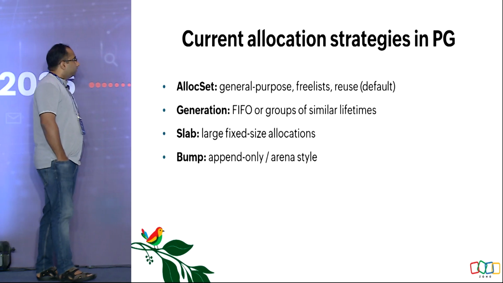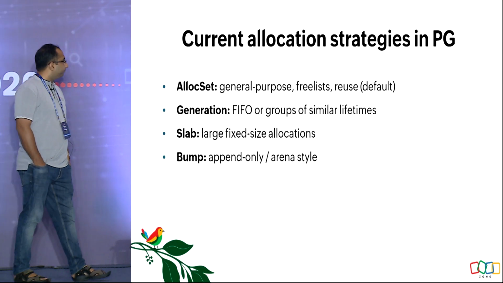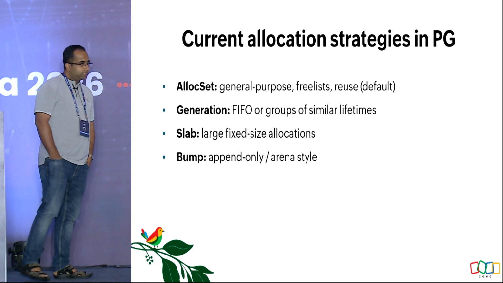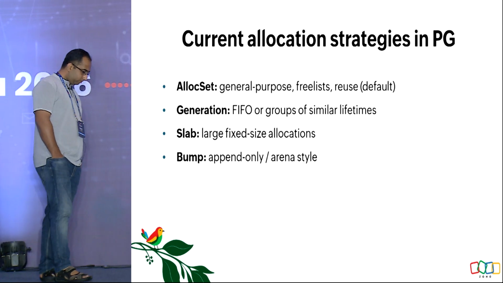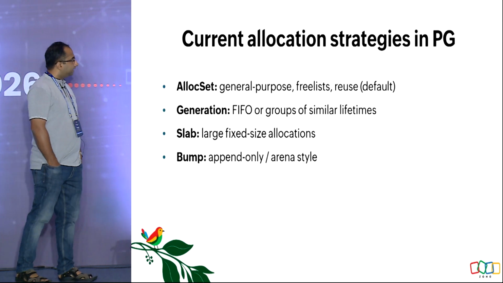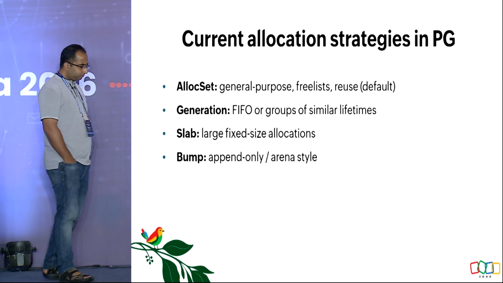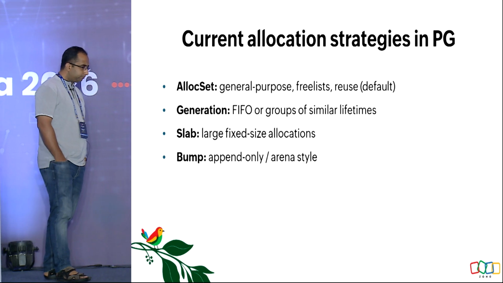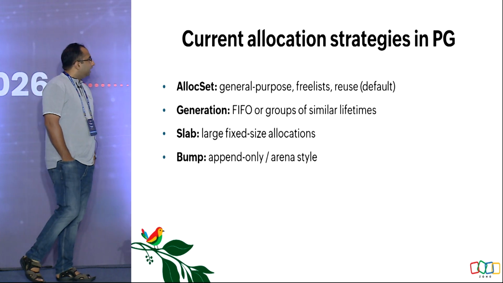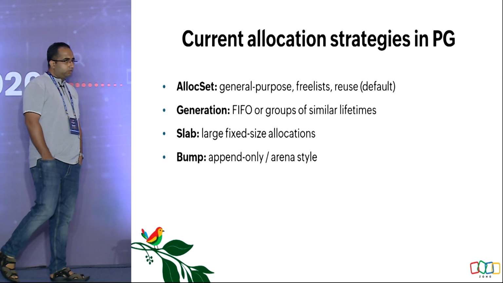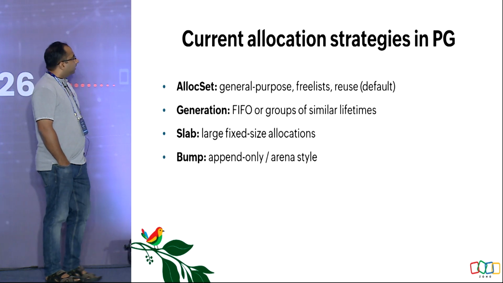So these are the 4 different allocation strategies that we see in Postgres. The AllocSet context is the most commonly used general purpose allocation strategy, and it is very similar to the libc or jemalloc implementation. It uses freelists and reuses memory when possible.